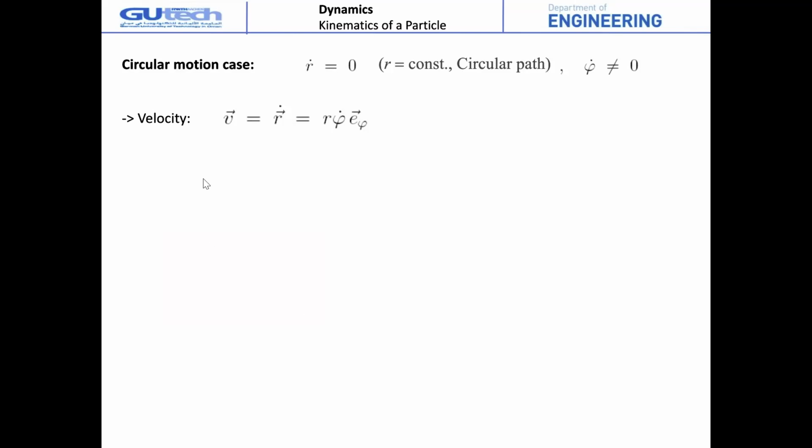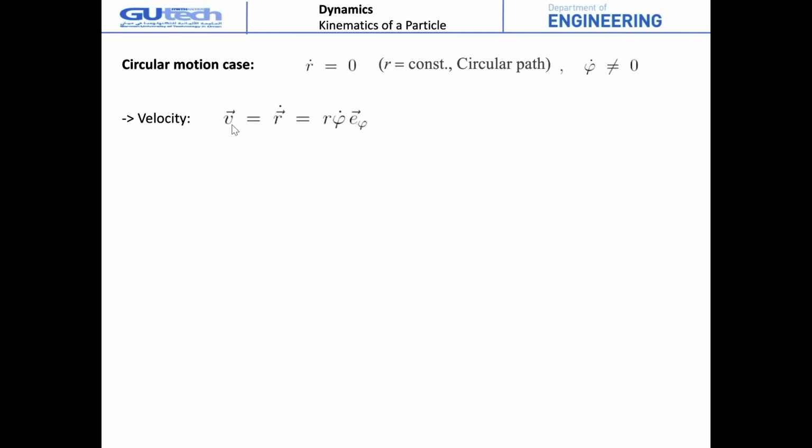Now, the opposite: we have the circular motion case. There is no radial motion, so r dot is equal to 0. Then r is constant, a circular path, and phi dot is different from 0.